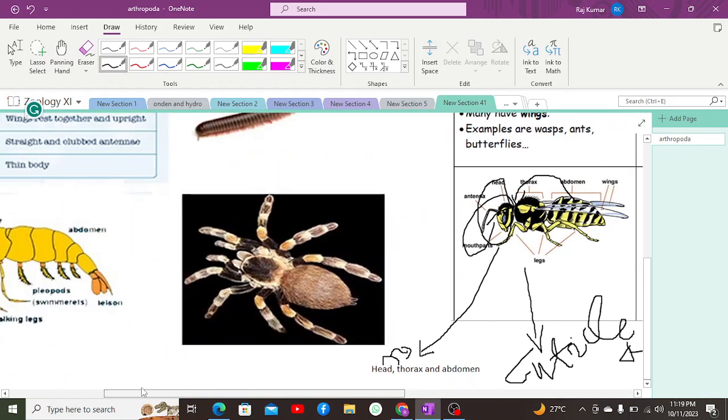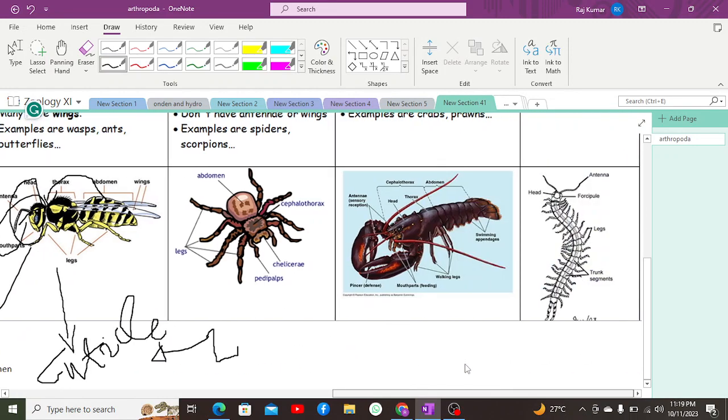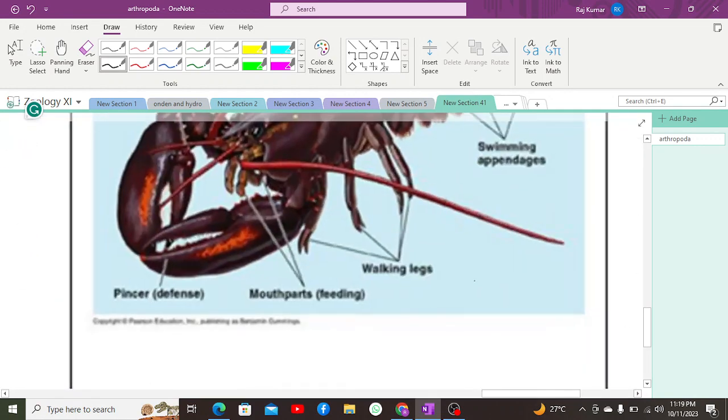Maybe it's visible here or not. I know it's not visible. Let me just zoom in a bit.